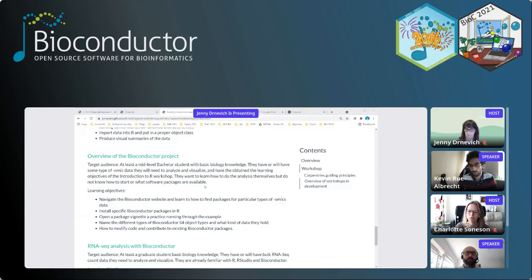But of course, how to install Bioconductor itself, the packages, and beyond that, learning that there are vignettes. Every package in Bioconductor comes with vignettes, so learning how to open those and how they're meant to be used. And then one of the strengths of Bioconductor are the common classes and methods that are used throughout the project, which makes the entire project interoperable. So packages can interoperate with each other because they share the same currency through common classes. So this is what the lesson at the moment is presenting.